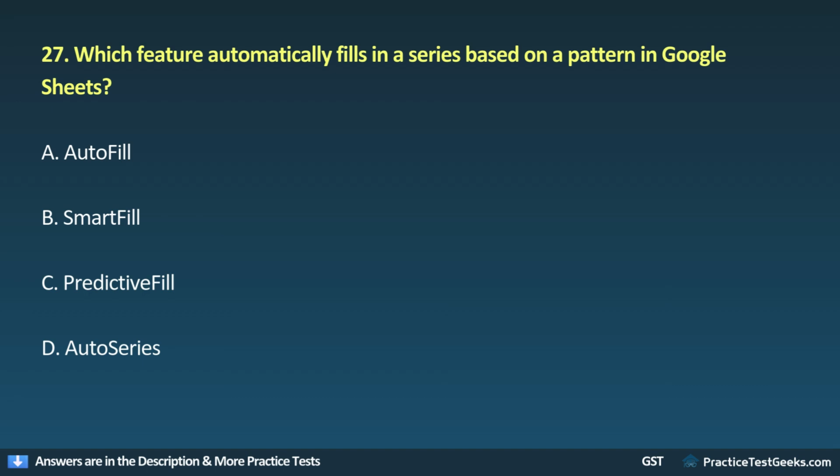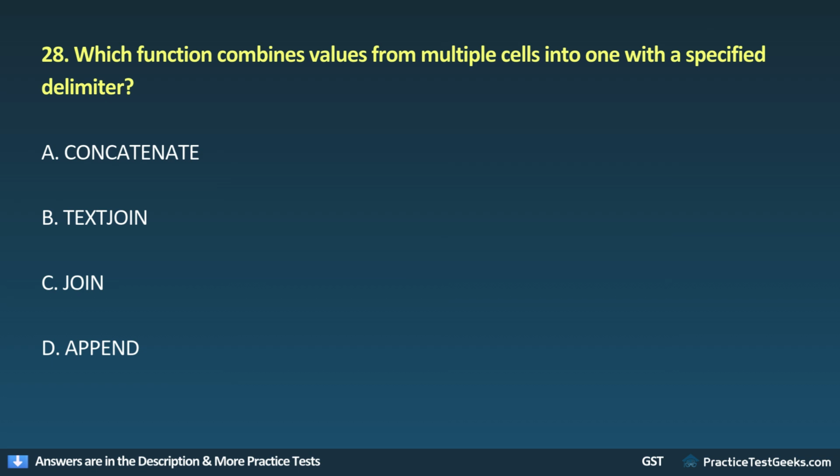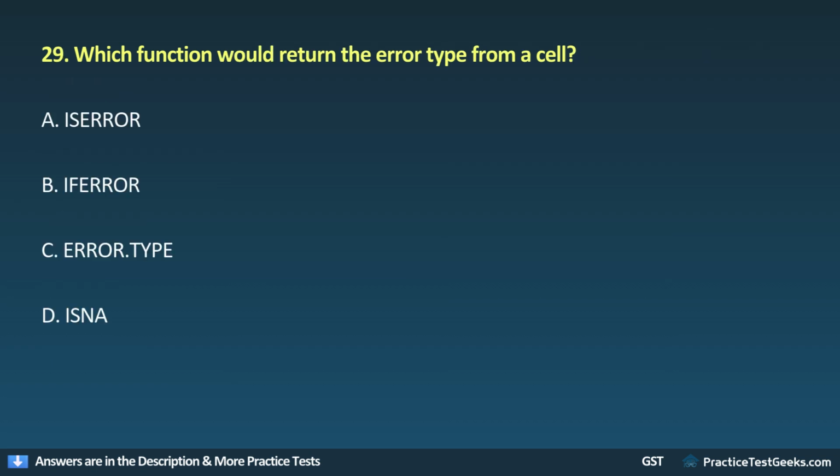B. Smart fill. C. Predictive fill. D. Autoseries. 28. Which function combines values from multiple cells into one with a specified delimiter? A. Concatenate. B. TEXTJOIN. C. Join. D. Append.